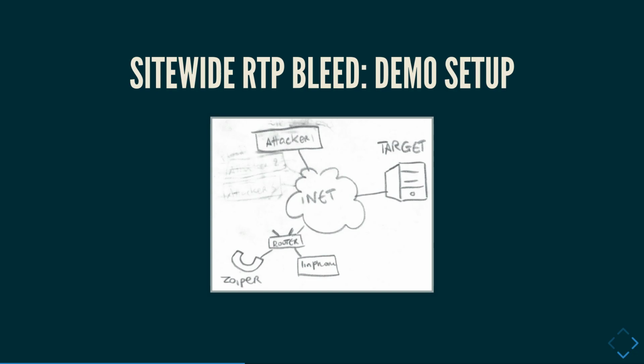Same beautiful diagram, but this time there is only one attacker and an RTP proxy on top of Camellia that is vulnerable to attack. We also have Zoiper and Linphone that are communicating over the RTP proxy.